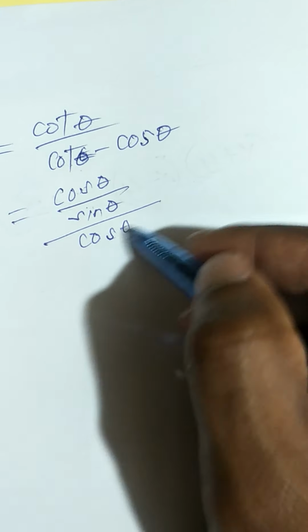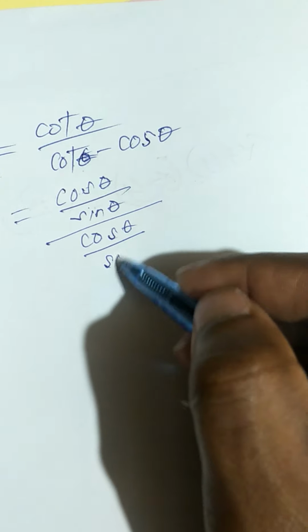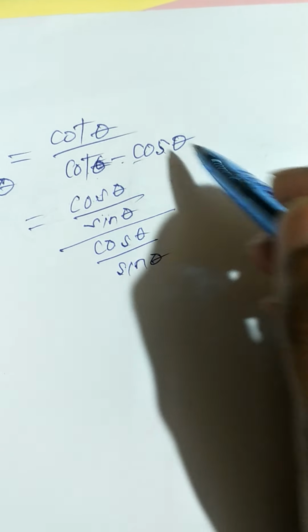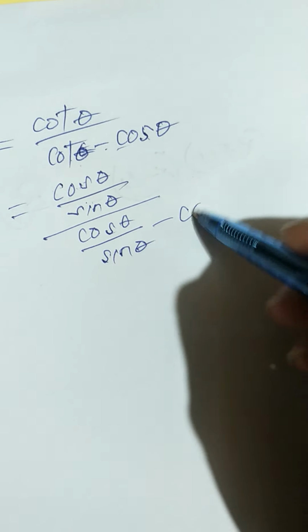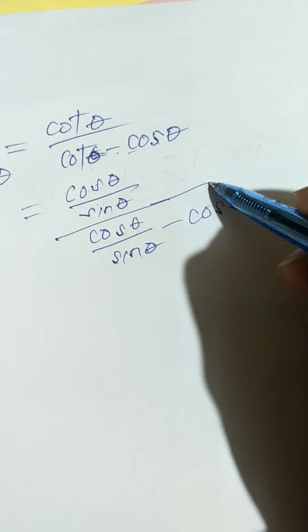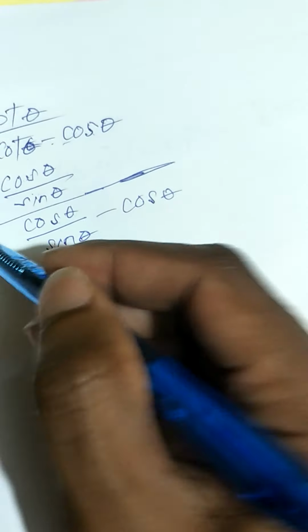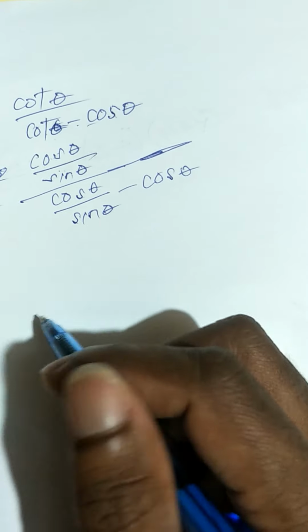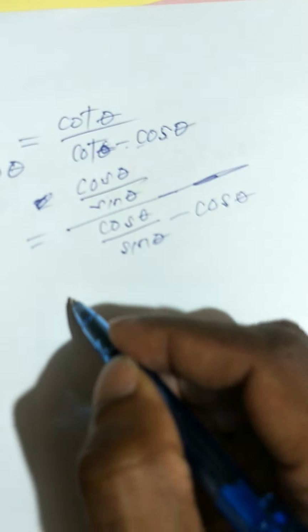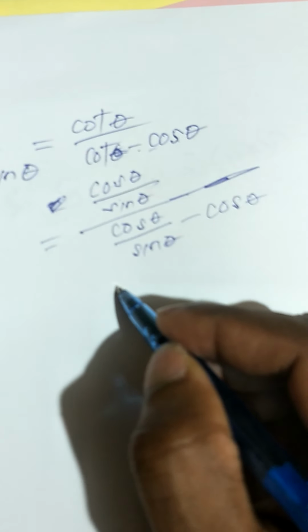So cosine theta all over sin theta minus cosine theta, I just bring down. Okay, this is equals, then copy everything down here.